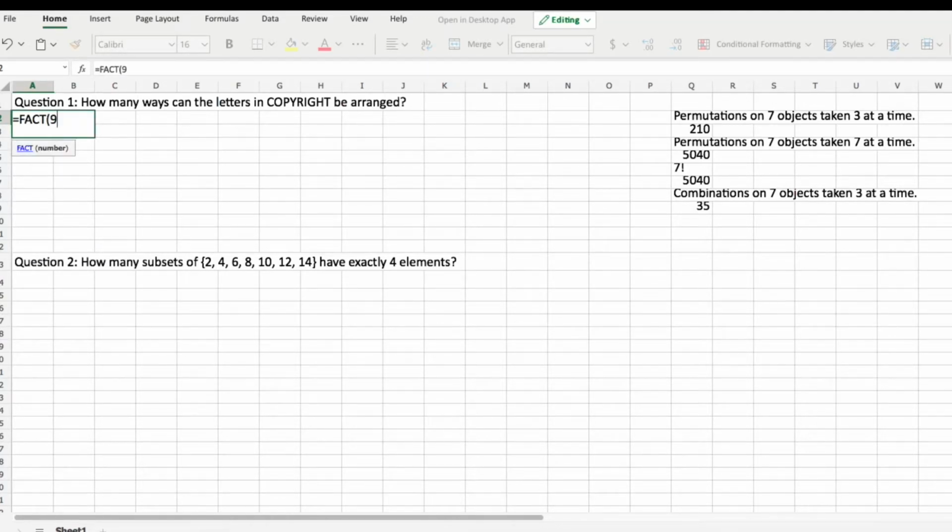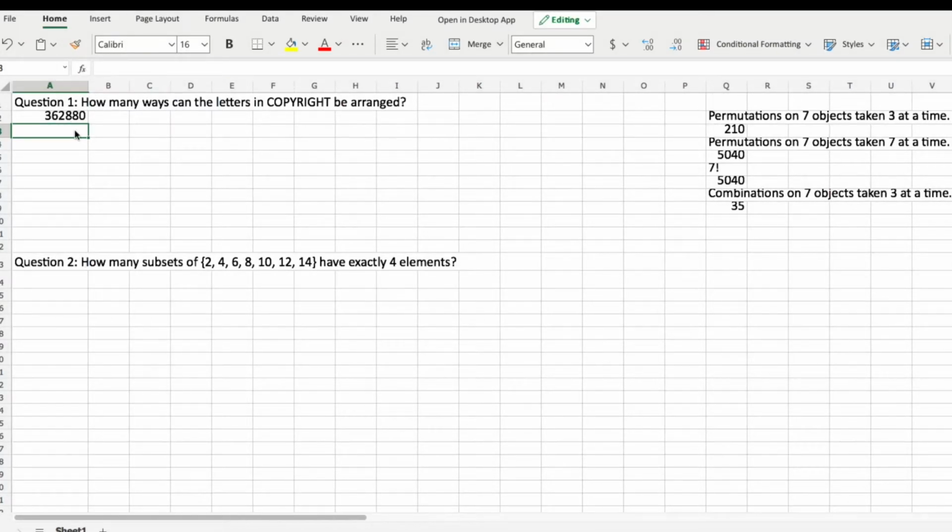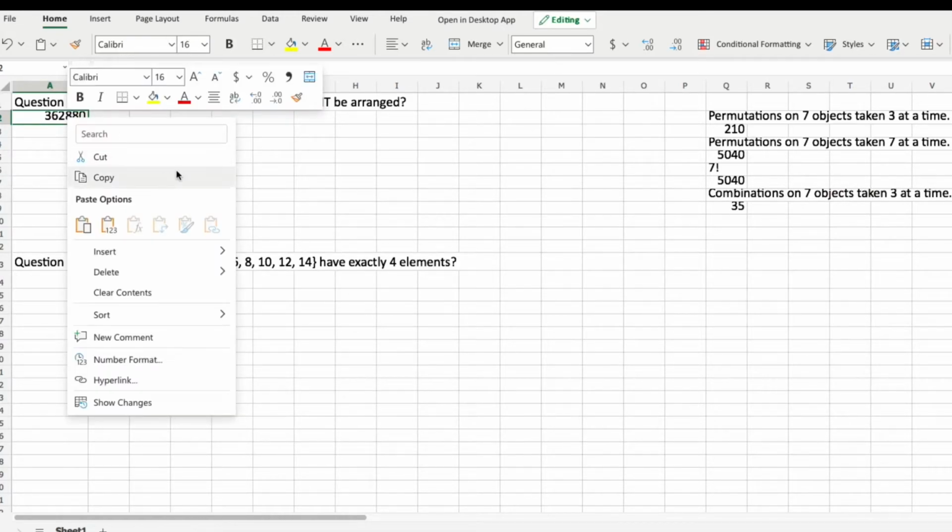Go ahead and calculate that, and the result doesn't quite fit in here, so I had to make the column a little bit wider, and now we can see our answer. At this point, it's good to write our answer using words.